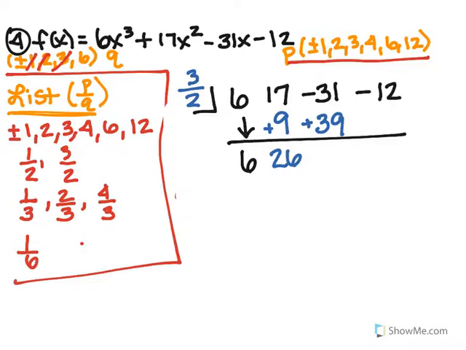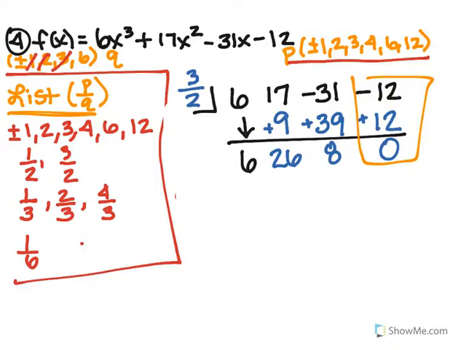And so 39 minus 31 will give us positive 8. 8 divided by 2 times 3 will give us positive 12, which added to negative 12 is 0. And again, that remainder is 0, so it works.